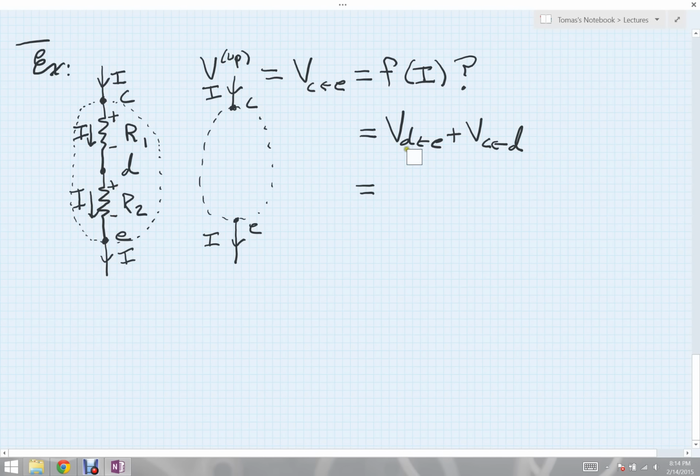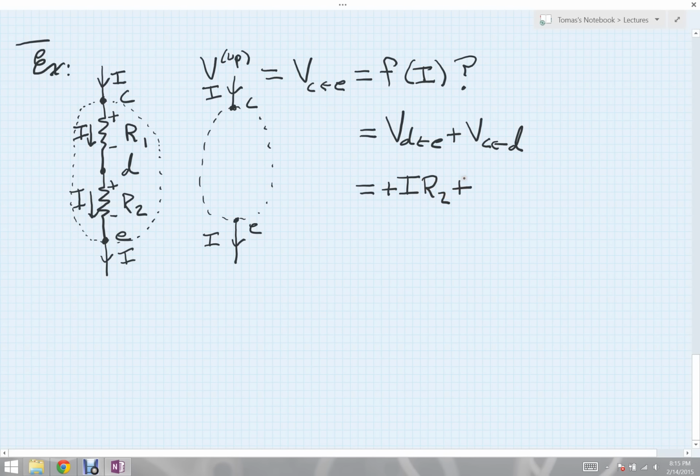For V from E to D, the voltage from this downstream side to this upstream side, I'm going against the current. That's going to be positive. It'll be the current that's flowing through R2, which is the external current flowing through the whole device. So that will be I times R2.